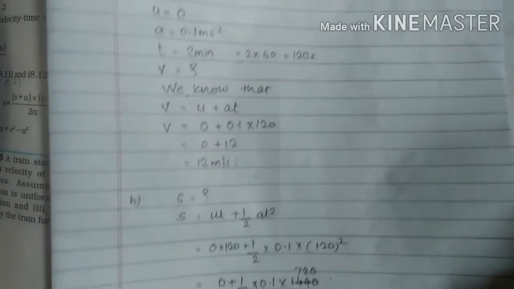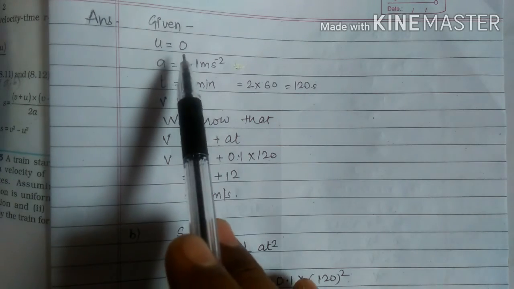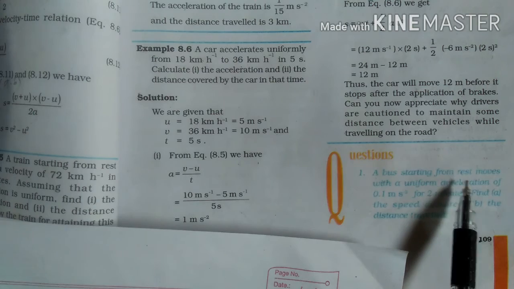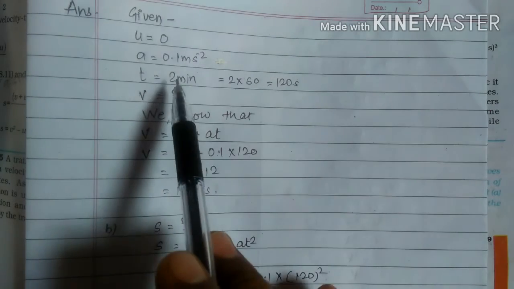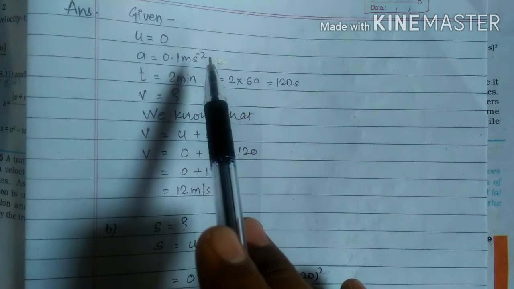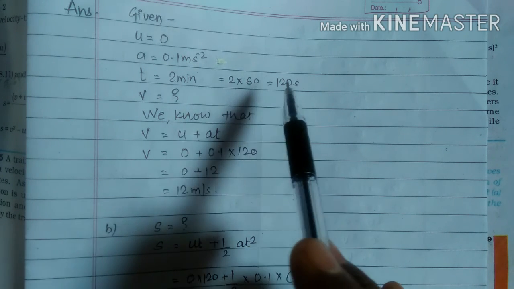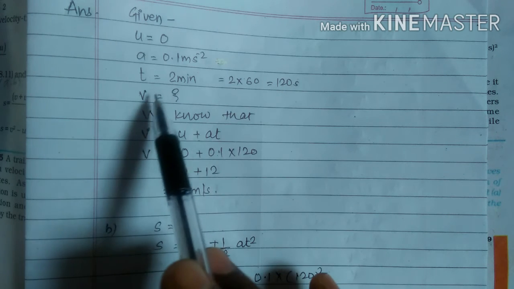See, first given initial velocity, no, it means 0. See here, from rest they have mentioned. Rest means u is equal to 0. Now a is equal to 0.1 meter per second square. Time is 2 minutes into seconds, 2 into 60, 2 sixes are 12, 0 as it is, means 120 seconds.